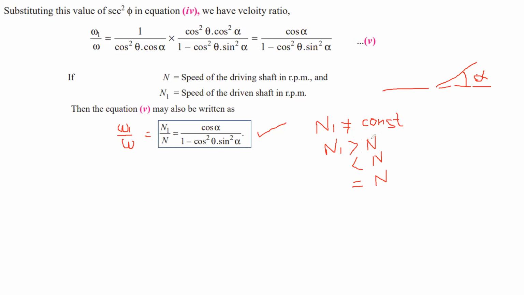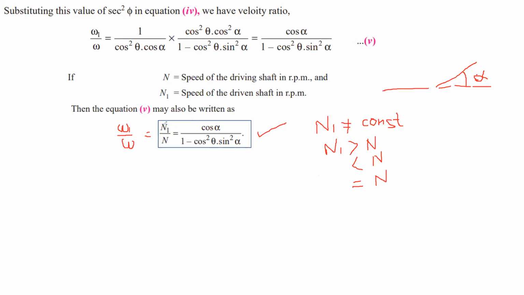So we should find out the condition when the speed of the driven shaft is greater than the speed of the driving shaft, the points where n1 will be maximum, at what angle theta n1 has the minimum value, and at which values of theta n1 is equal to n.